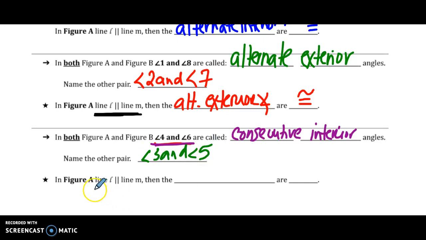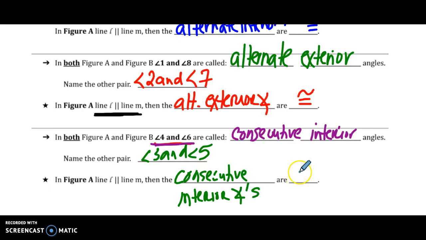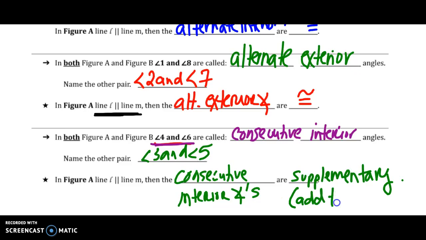So if line L is parallel to line M, then the consecutive interior angles are supplementary. And what does supplementary mean? They add to 180. Again, previous vocab term from the lesson. And that is it for this.